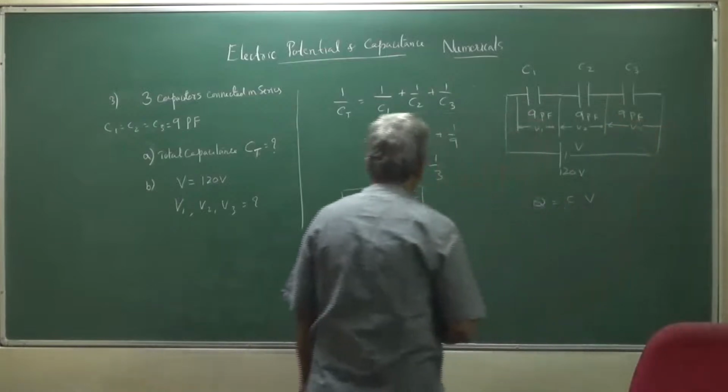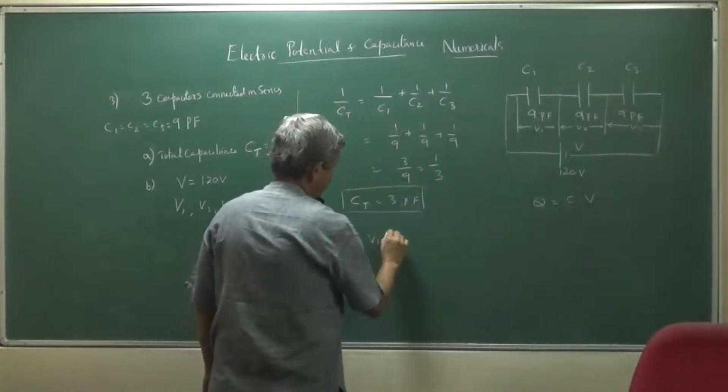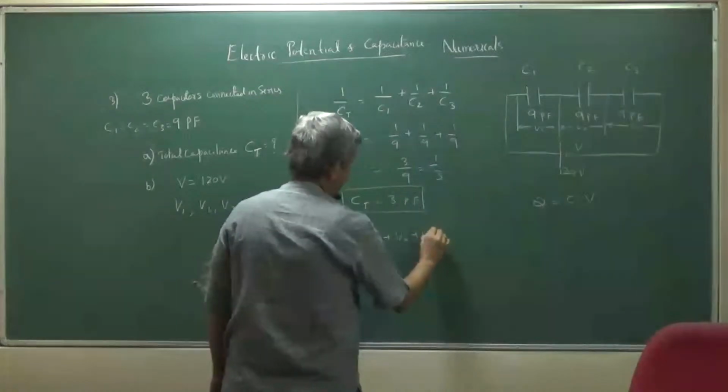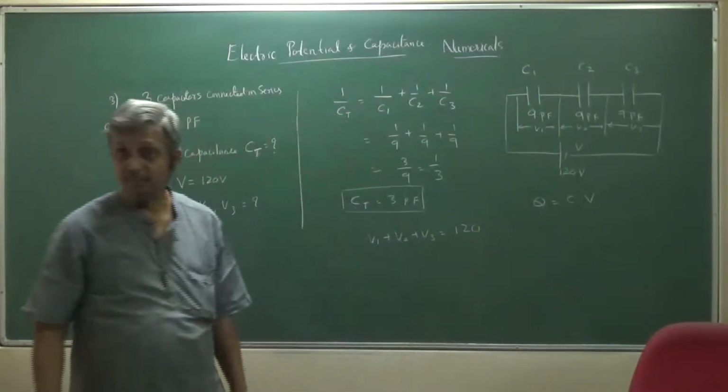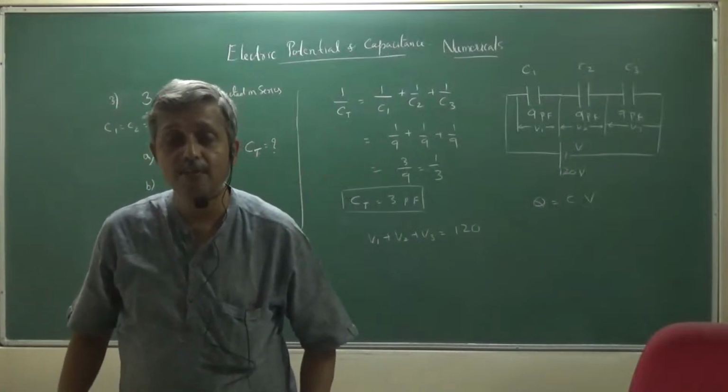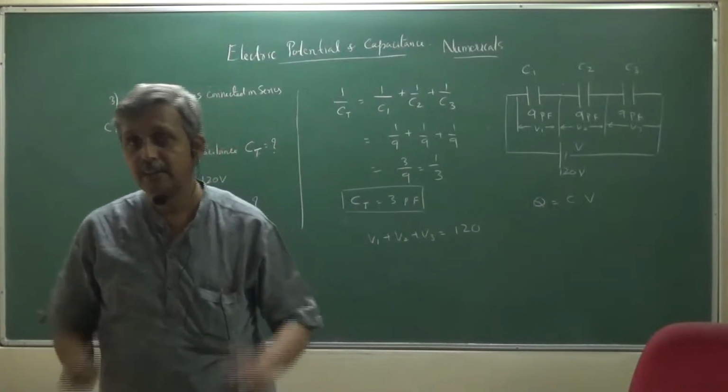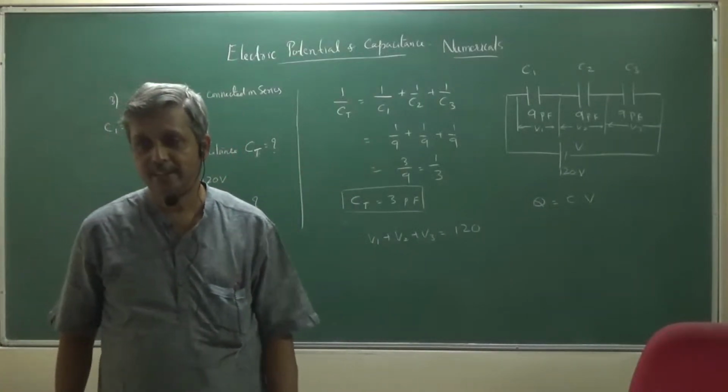So if you look at it, V1 plus V2 plus V3 has to be equal to 120, correct? All of them, if you add it, they have to be equal to 120. So that is the total.